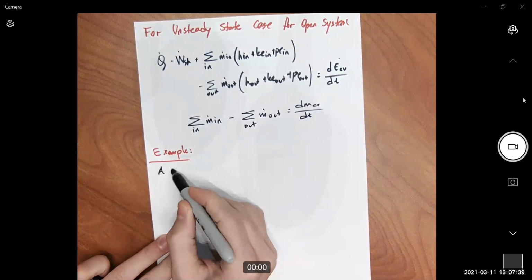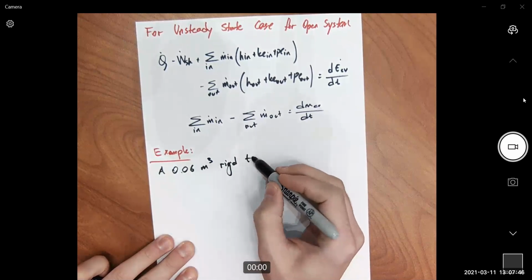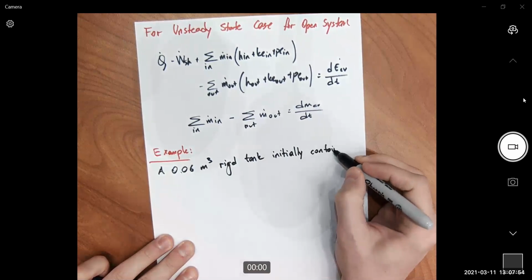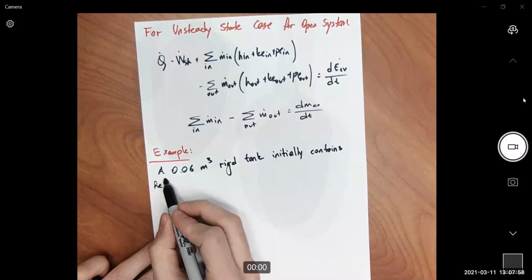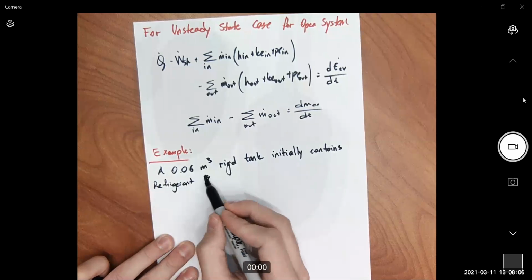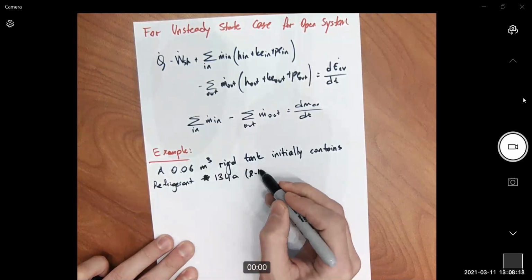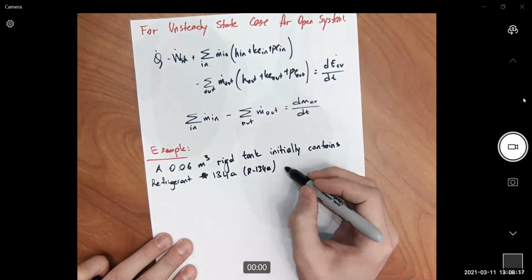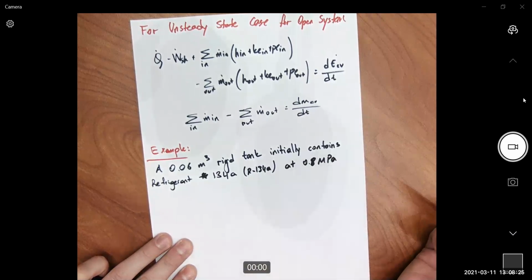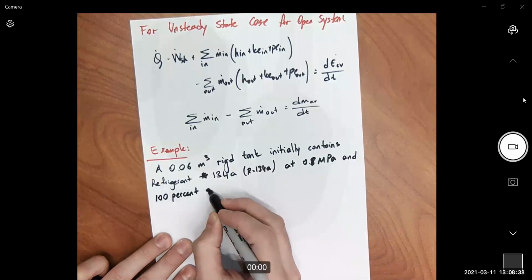A 0.06 meter cube rigid tank initially contains refrigerant R134A at 0.8 megapascal and 100% quality.